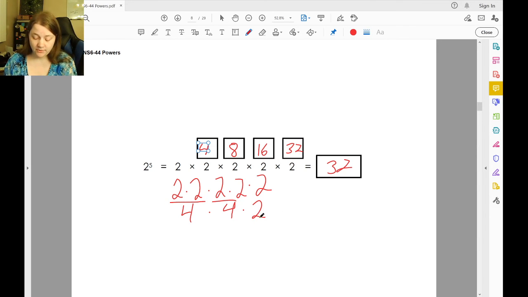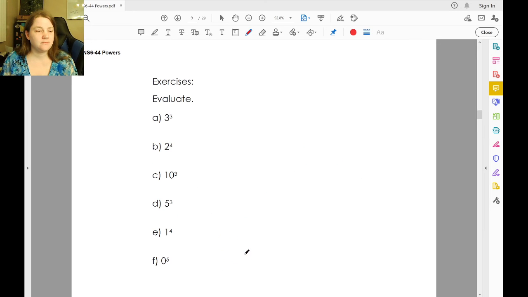Whichever works. 4 times 4 is 16. And now I have 16 times 2, which is 32. So they want you to solve all of these. I can look at these to save space. I'm going to ask you to start solving these on your own, and when you come back, I'll walk you through it.